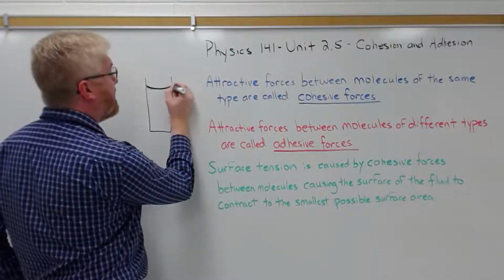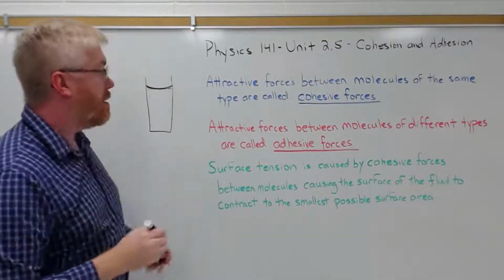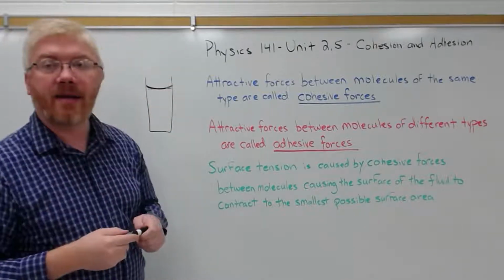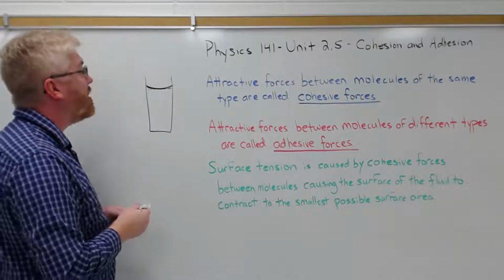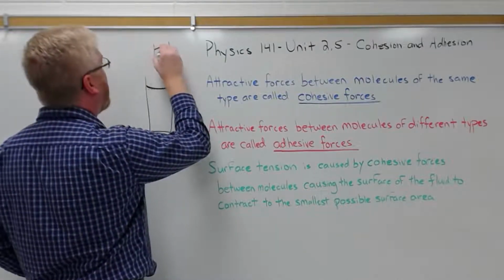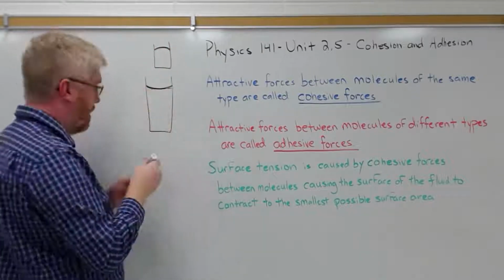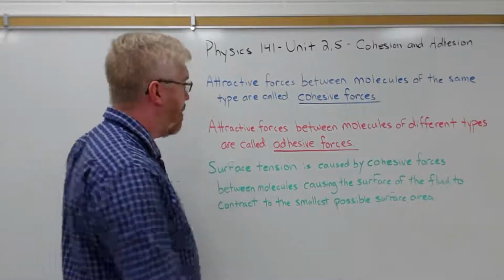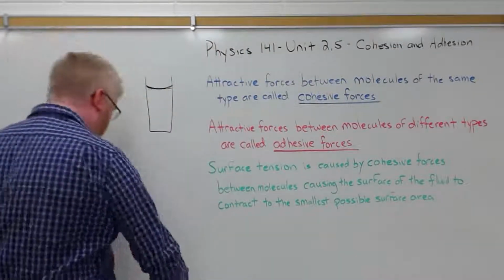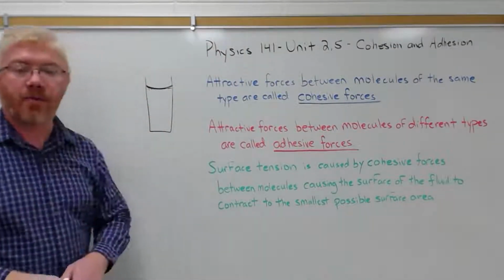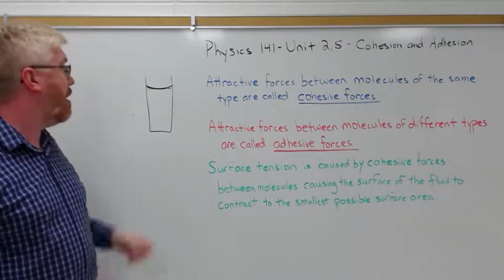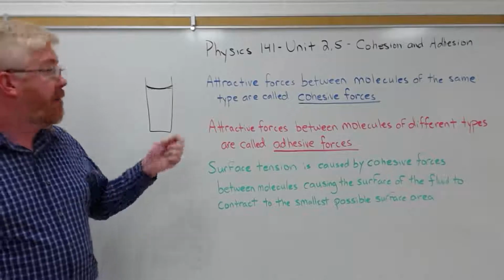That's due to the adhesive forces from the water on the side of the graduated cylinder. If the cohesive forces are stronger, you can actually have something that looks a little like this. But that's typically not seen. You end up with this situation. That's the meniscus you would have on the surface of water or some kind of fluid in a graduated cylinder.